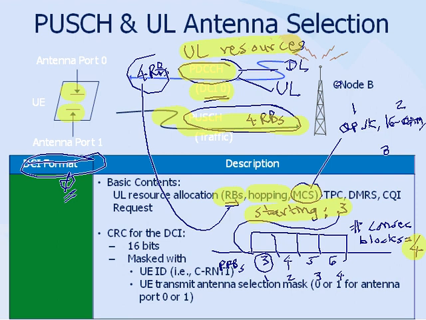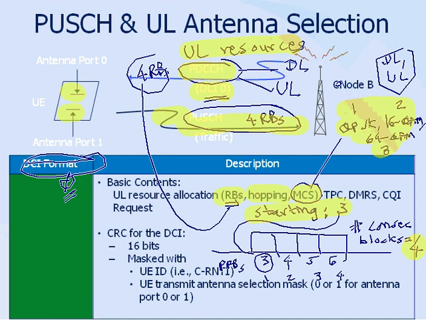QPSK, okay. So now we got 64QAM. So 64QAM is the highest order modulation scheme supported by the standard. So these are the 3 schemes. Also, all the 3 are supported in the downlink as well.